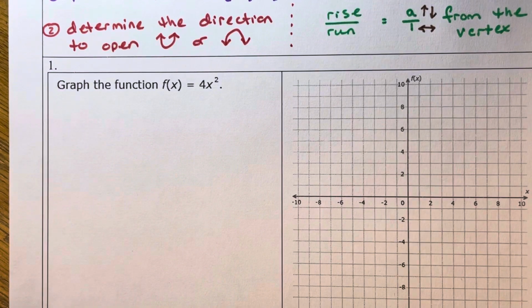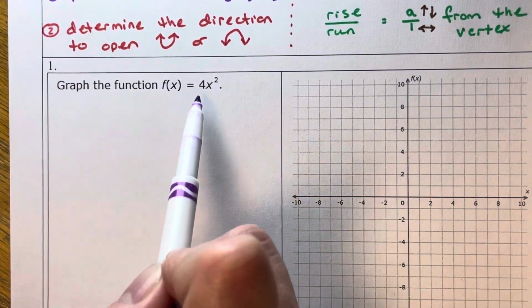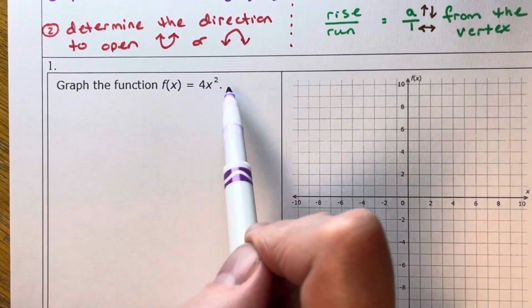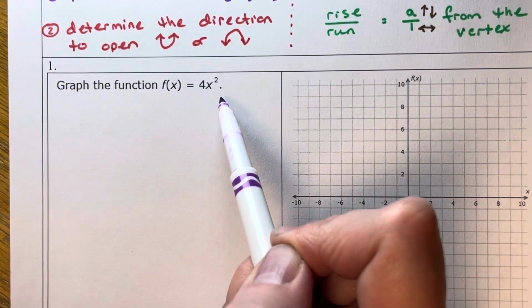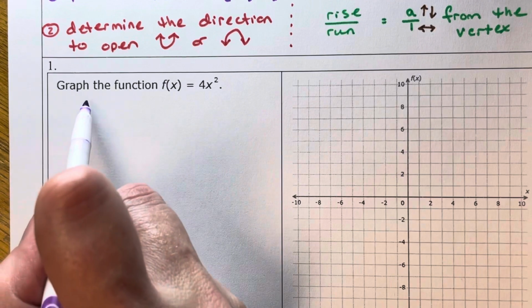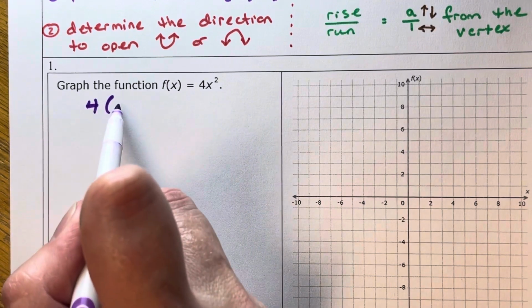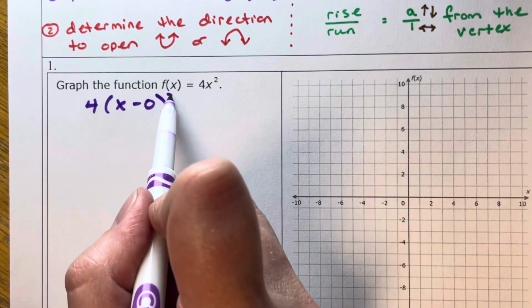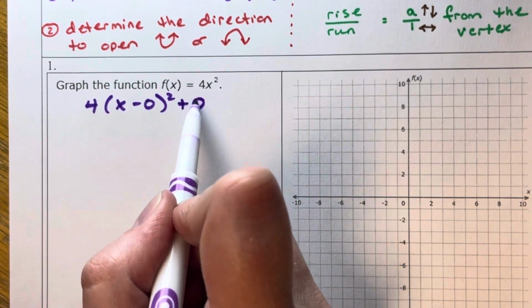Here in example 1, we see that we have a function of 4x squared. There's no h and no k showing in this particular function. So easily stated, what is the number for no? Well, nothing, which is the number 0.